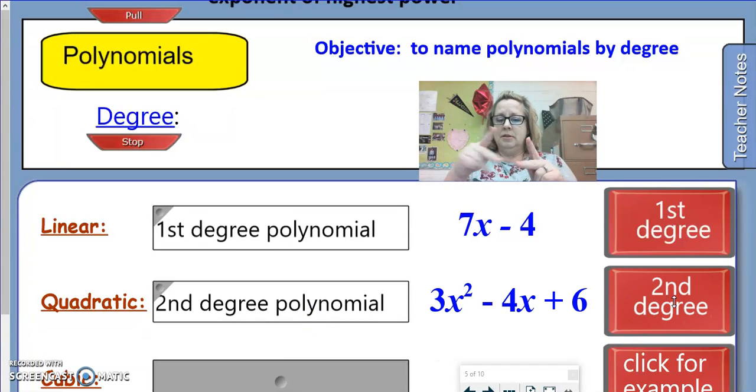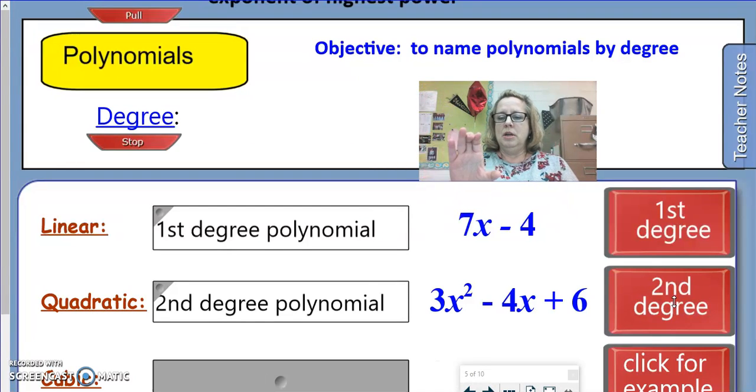So the second kind of polynomial by degree is called a second degree polynomial. And it's because the highest exponent in that expression is 3x squared, or x squared. If it has an x squared, that makes it a quadratic. That means it is a second degree polynomial.